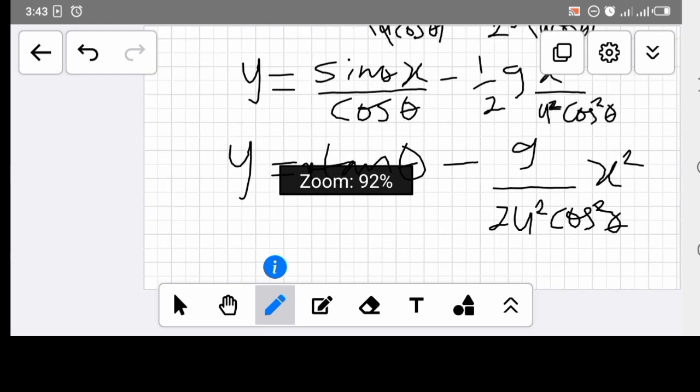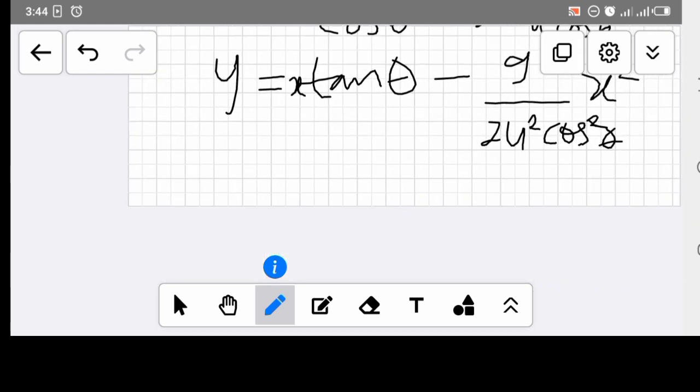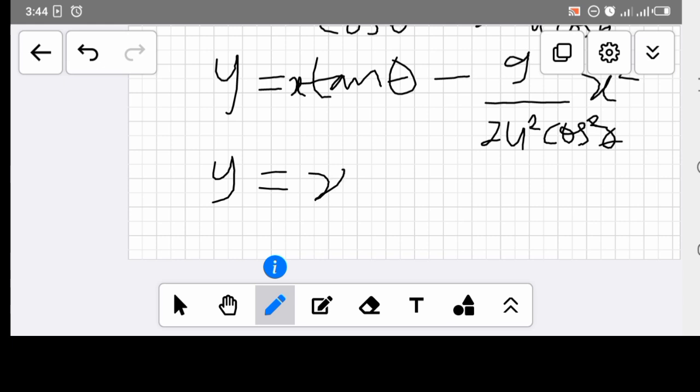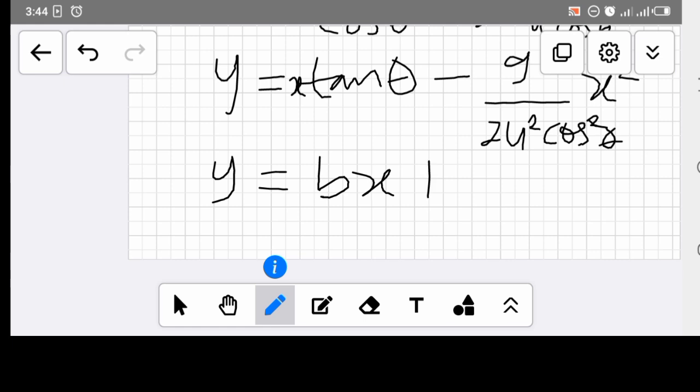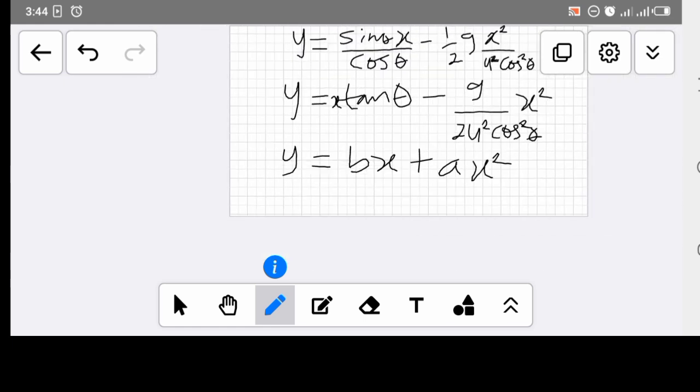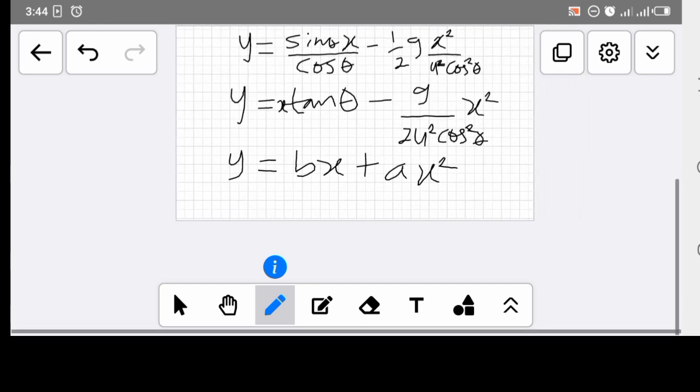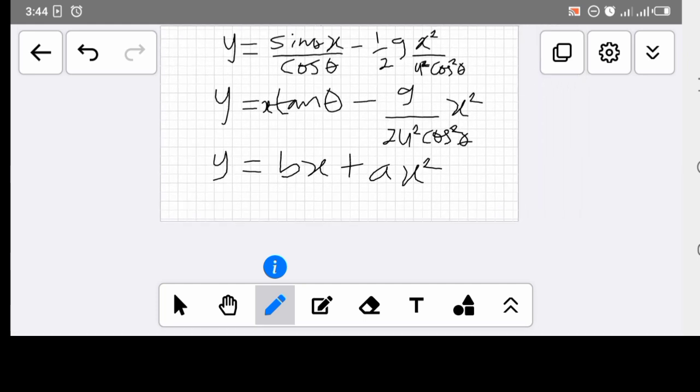Just know that if we write it as a quadratic equation, it's going to be y equals bx plus ax squared. So in this case now, b is tan theta, while a is minus g over 2u squared cos squared theta.